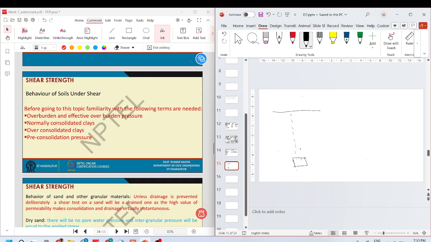If I take a soil here and it is 10 meter below the ground, and the gamma here is 18, so this will be 180 kPa. And then let us say that it has a k value of 1 minus sine phi. At a phi of 30 degree, it will be 1 by 2. So it will be 90 in this direction, and 180 in this direction. So this was the original pressure on the soil.